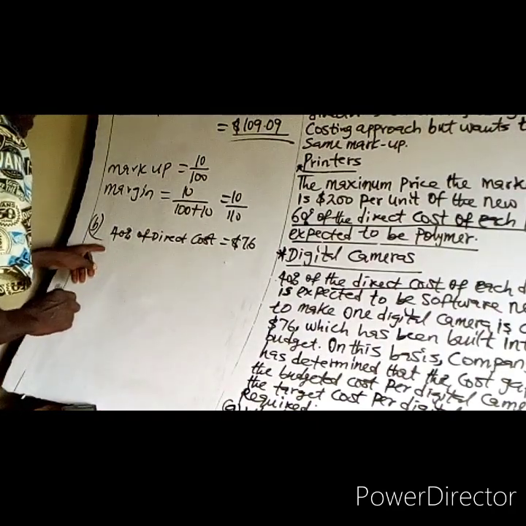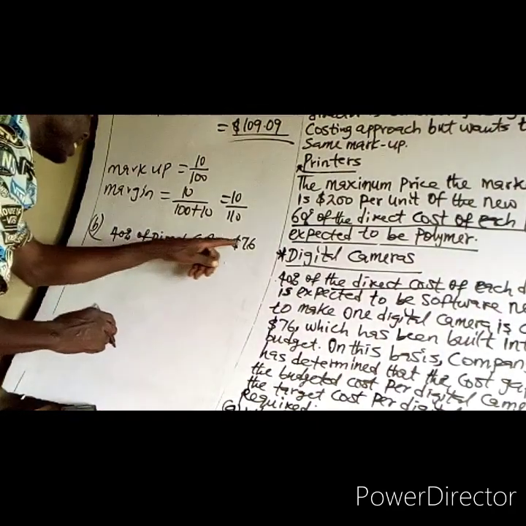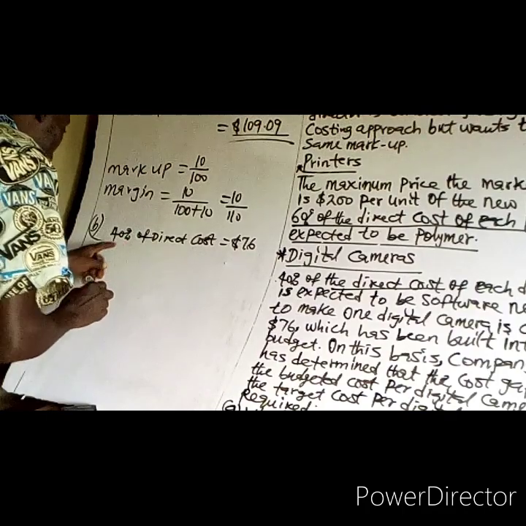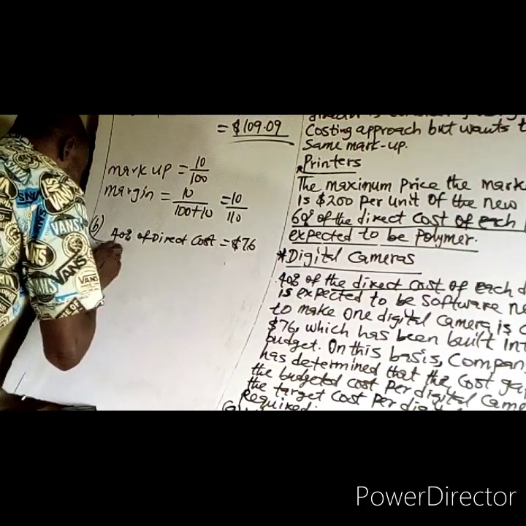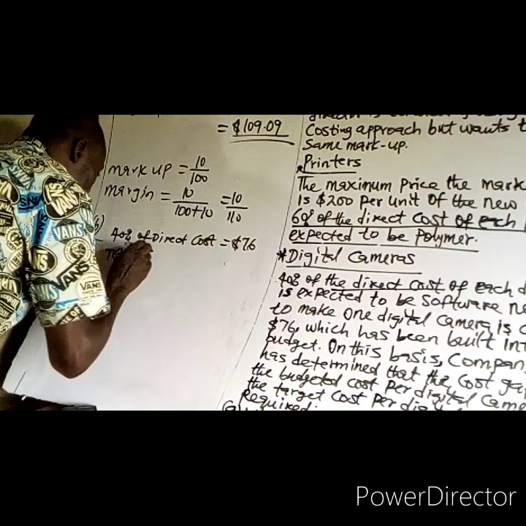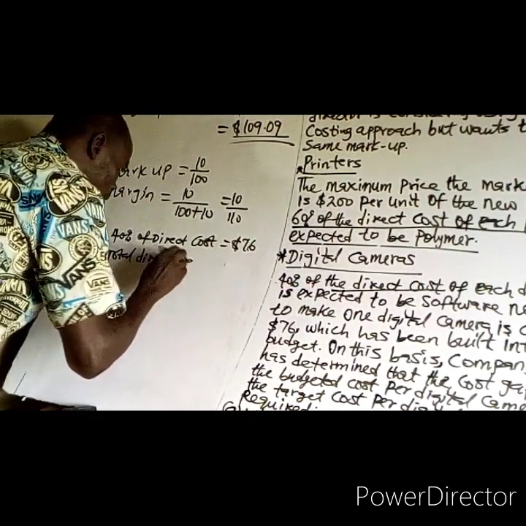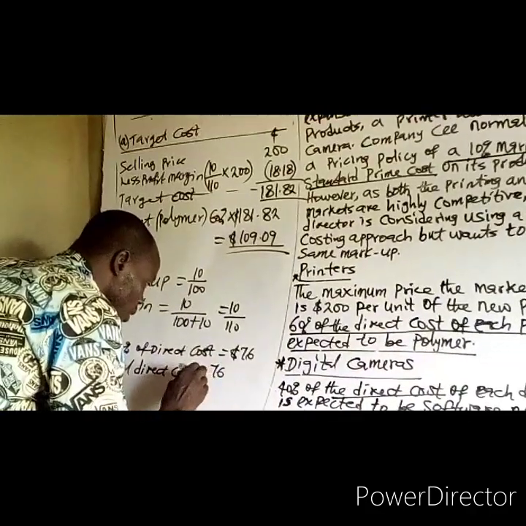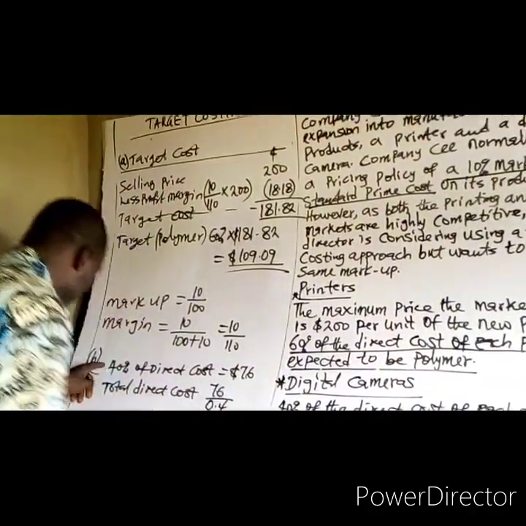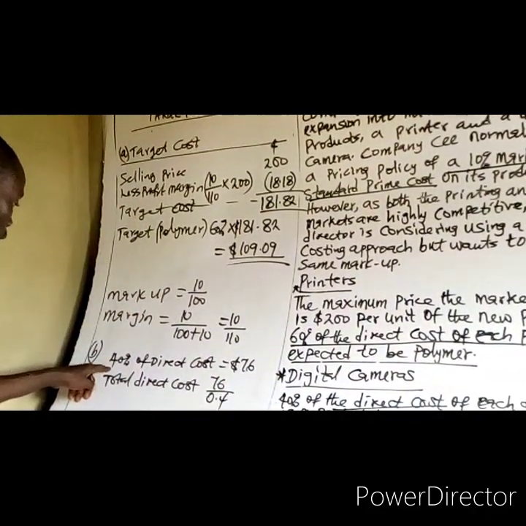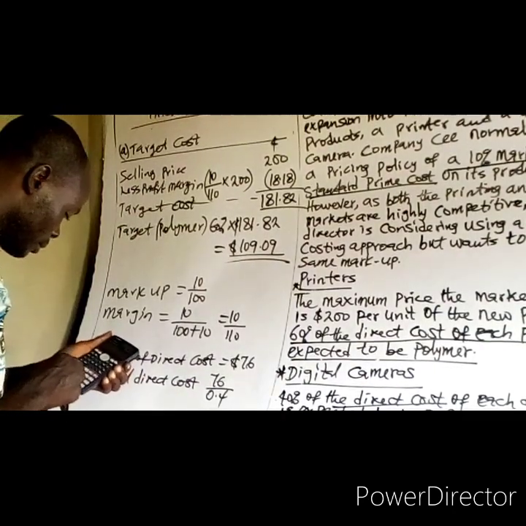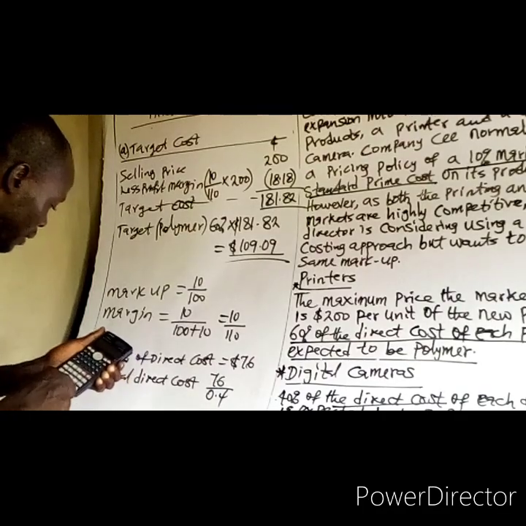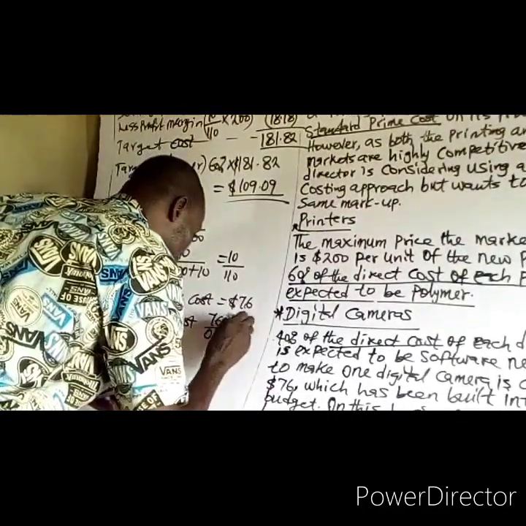So if 40% is $76, to get 100%, that is the total direct cost, we calculate 76 divided by 0.4, that is 40 divided by 100 to give us 0.4. 76 divided by 0.4 will give us $190.